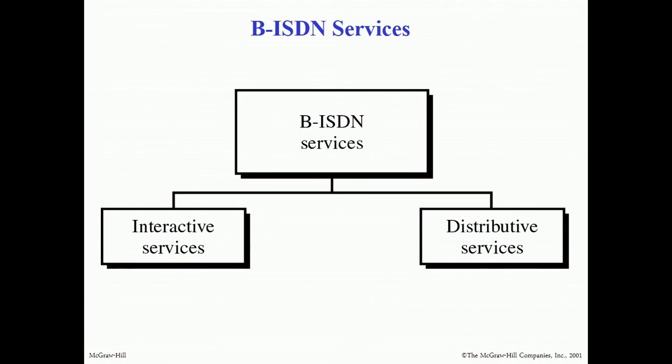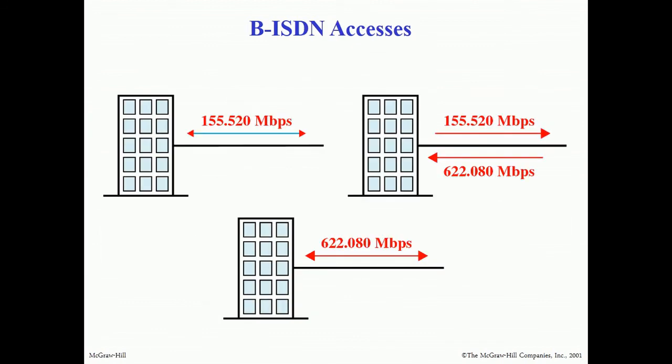Broadband ISDN networks generally use ATM, asynchronous transfer mode, as their transmission technology. So for transmission technology it uses asynchronous transfer mode.